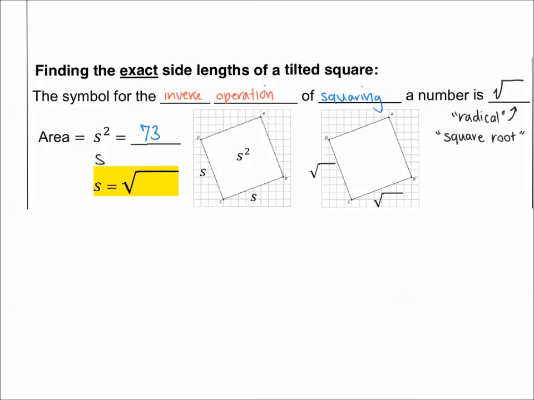We just square root both sides of it. We draw that square root symbol on both sides. That square root symbol cancels out the square on the s, so we're only left with 73 inside of that square root, and that's our final answer. The exact length of that tilted square would be the square root of 73.